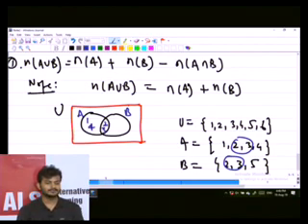Here is 2 and 3. And this would be 5 in B. Now 1, 2, 3, 4, 5 is already covered. This complete set U would be containing 6 outside of A and B both. Is it clear?